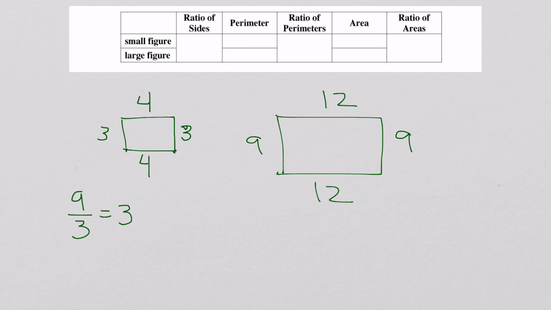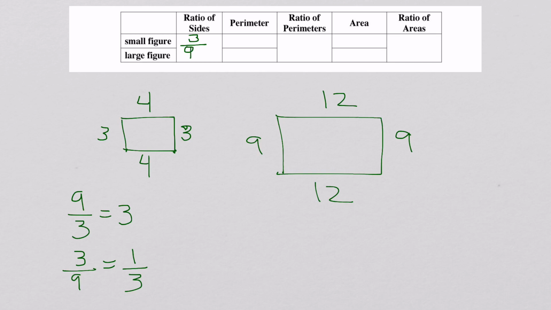Now be very careful here. In the table, we have a zoom factor of small figure divided by large figure, okay? So in this case, our small figure was 3 and our large figure was 9. It is a-okay to flip the numbers. So we would have 1/3. Look at the table. 3 divided by 9.